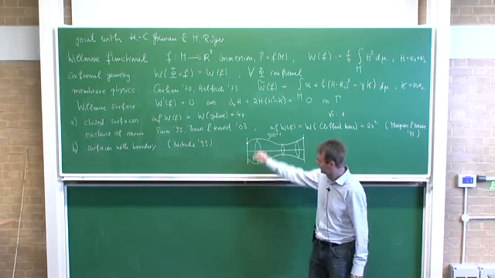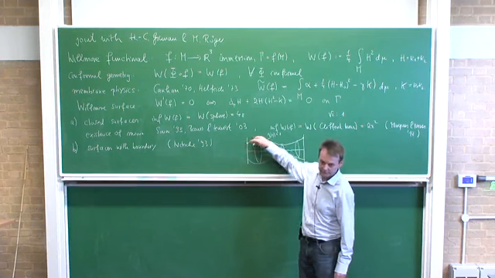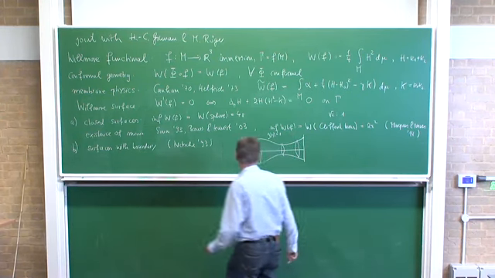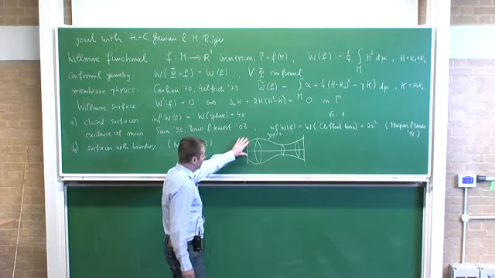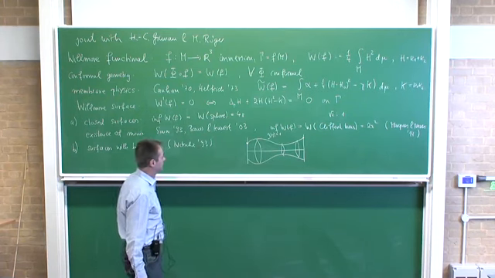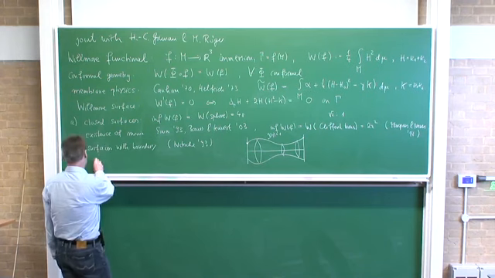For example, you fix the value here, and you also fix the derivative, for example. And then you come up with a boundary value problem essentially for a curve, and it's possible to prove existence of minimizers in this case.